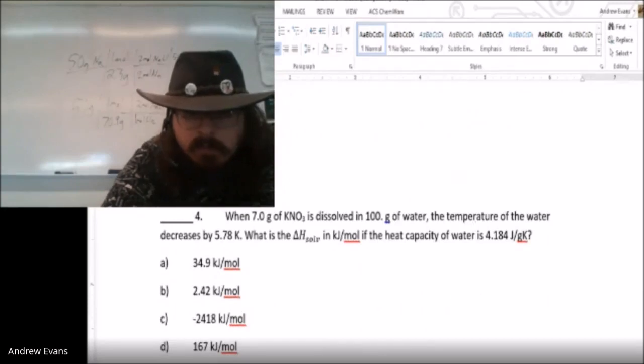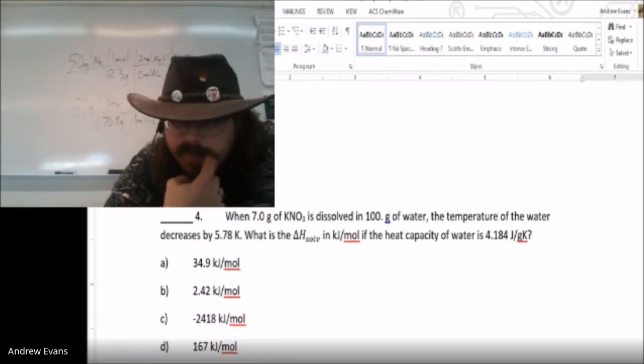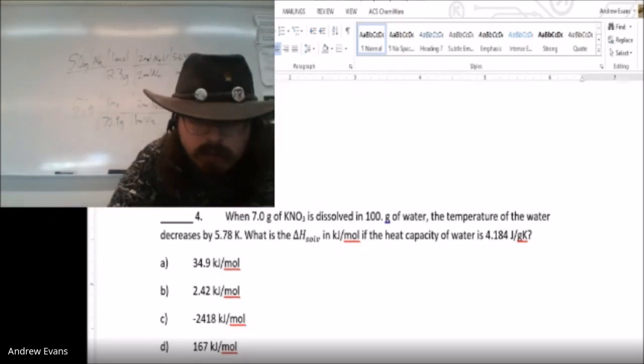When a 7-gram sample of potassium nitrate dissolves in 100 grams of water, the temperature of water decreases by 5.78 Kelvin. What is the delta H of solvation if the heat capacity of water is 4.184 joules per gram Kelvin? So this is broken into 2 parts. Q equals MC delta T, then we have to turn Q into delta H solvation.